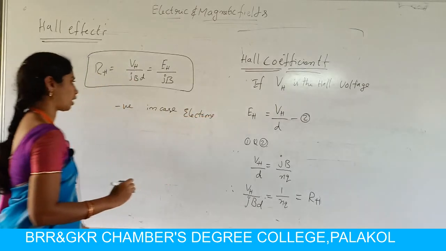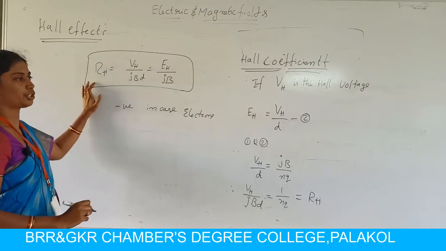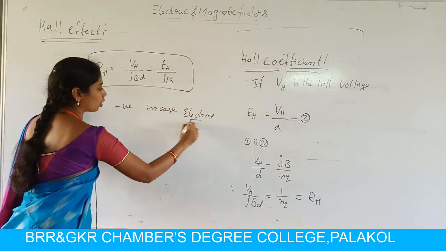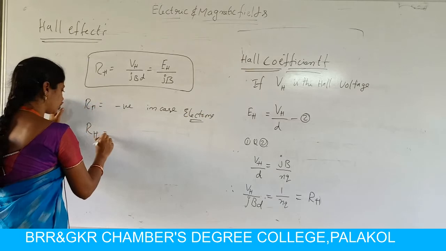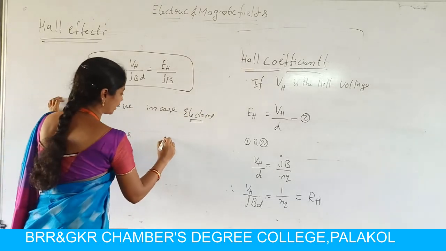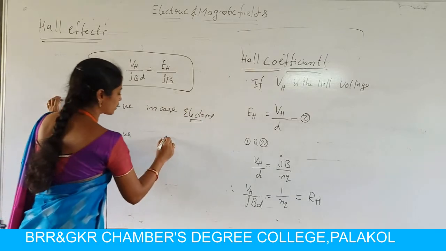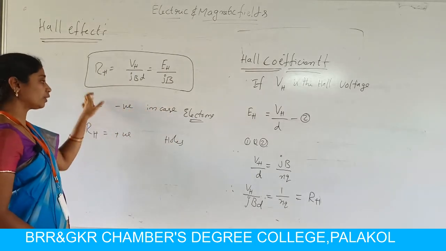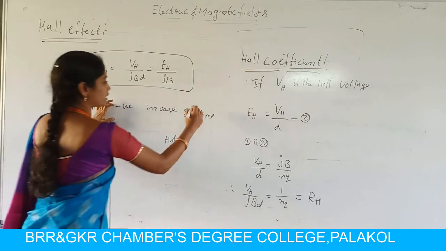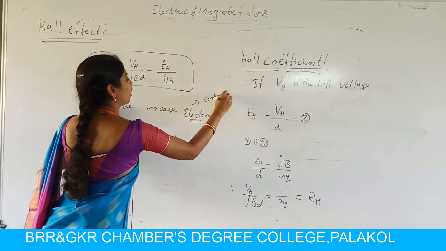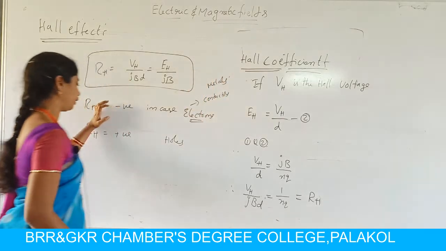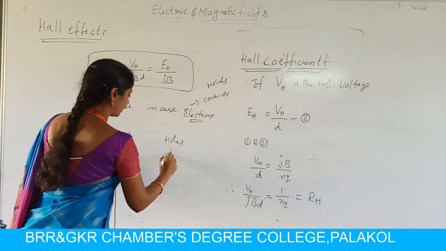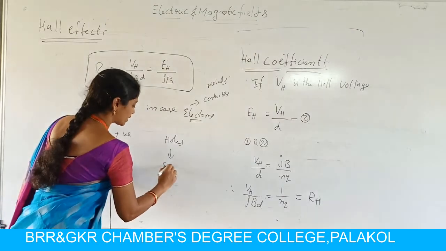It means if we find this R_H value to be negative, then the charge carriers are electrons, and the strip we have taken for the experiment is a conductor, nothing but a metal. If the R_H value is positive, then the charge carriers are positively charged, meaning holes, and we take that conducting material to be a semiconductor.